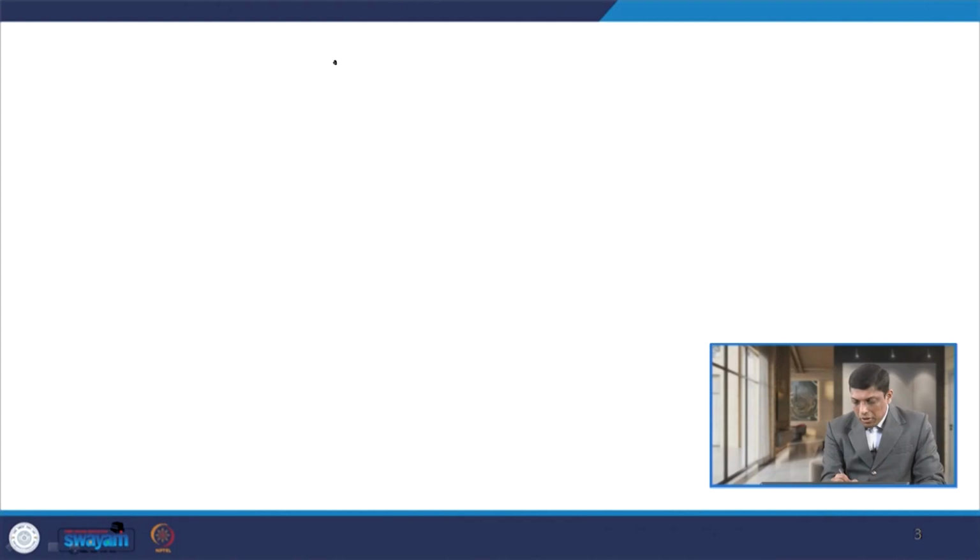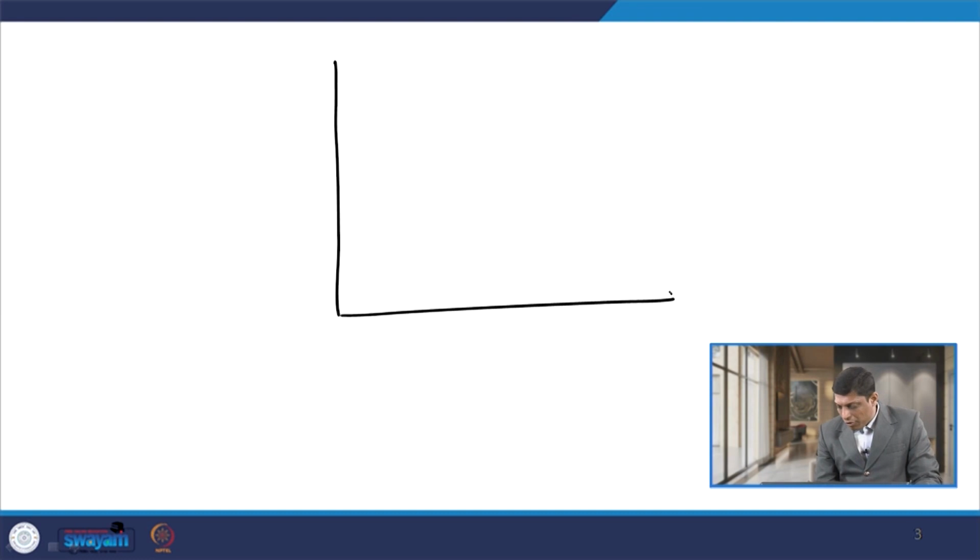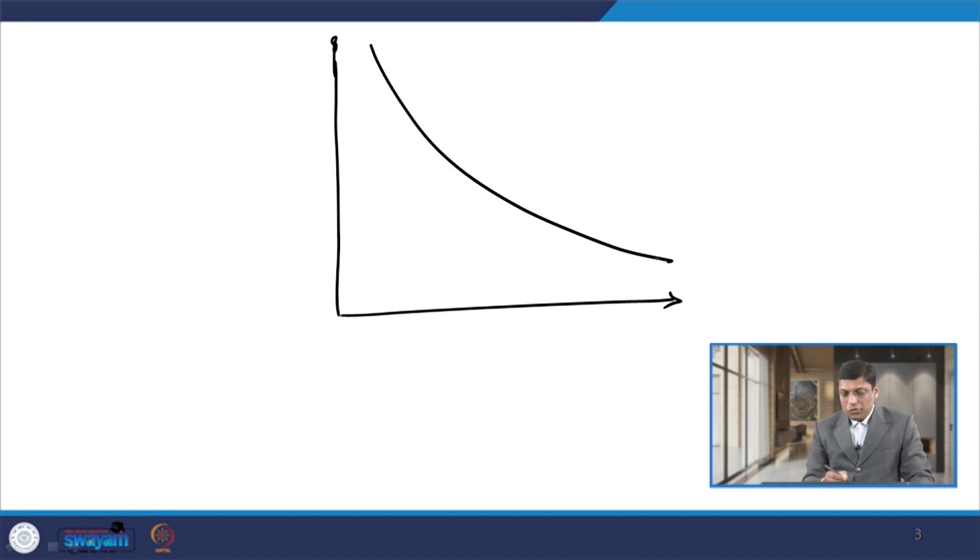If I draw the graph, we have an inverse characteristic between these two. So, if I just draw the graph of how this thermal relay looks like, this graph follows the inverse relationship. It decays exponentially, and this exponential decay depends on the time constant of the circuit.